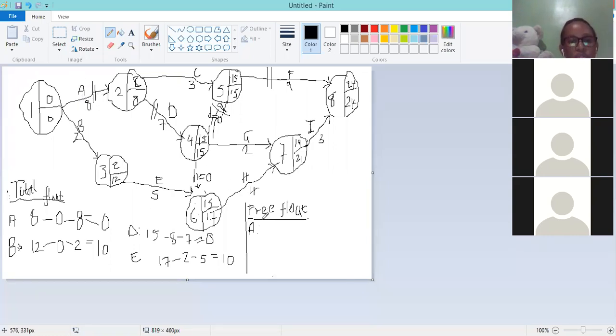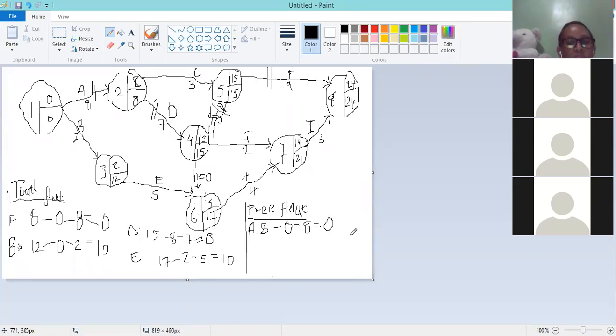So the free float of activity A is given by 8, taken from the earliest event time of number 2, minus the earliest event time of number 1, minus the duration of that activity, giving us an amount of space-time, the free float, equivalent to 0.